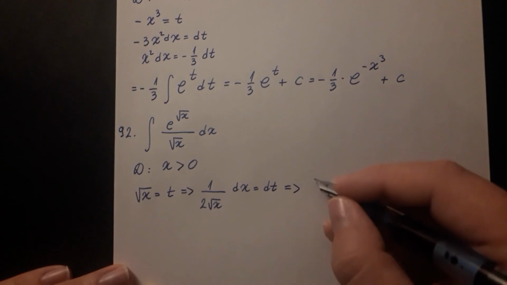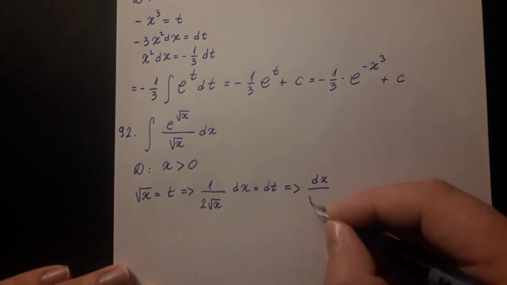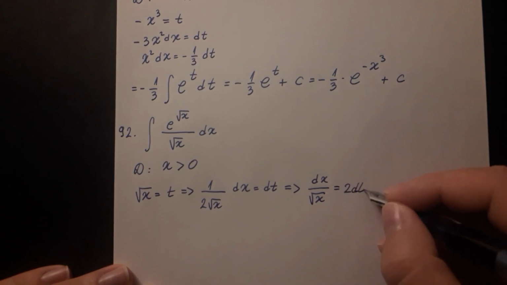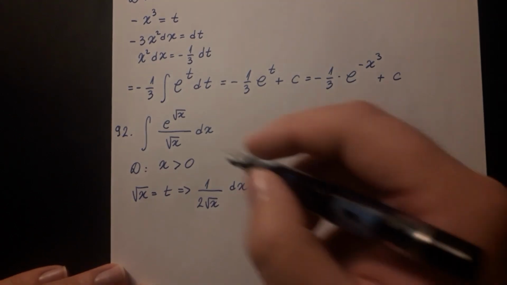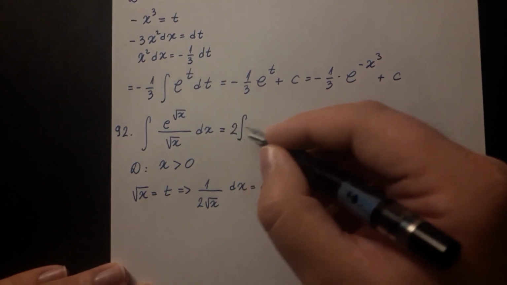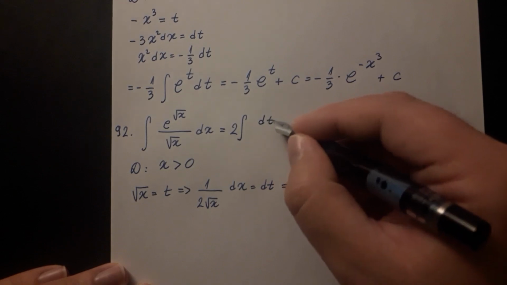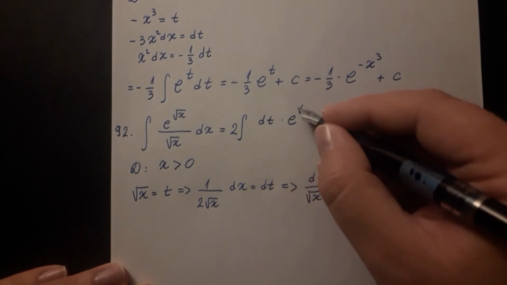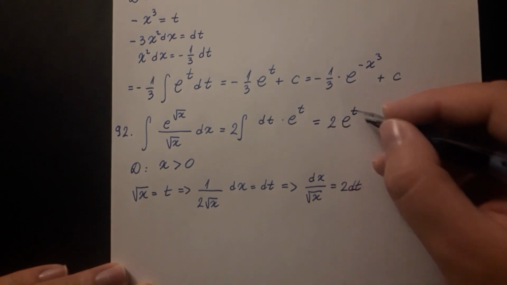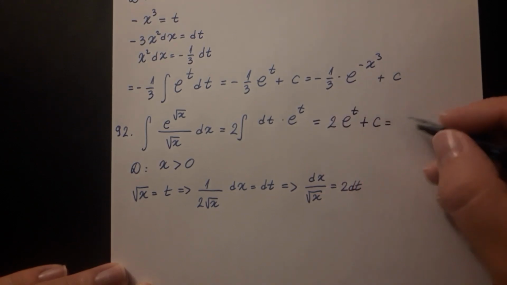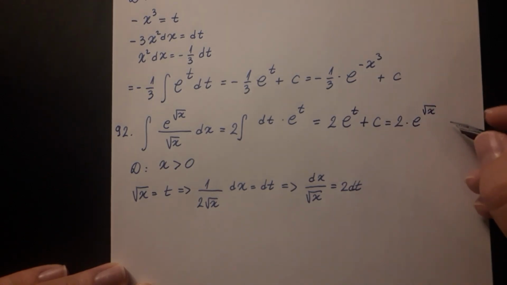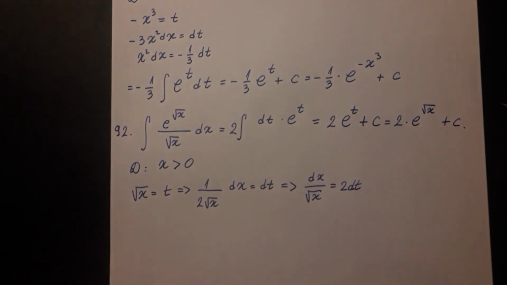Well, that means that dx divided by a square root of x is equal to 2 differentials of t. This integral is then transformed into an integral 2 times differential of t times e to the power t. Well, this is then equal to 2 times e to the power t plus c, which is equal to 2 times e to the power square root of x plus c.